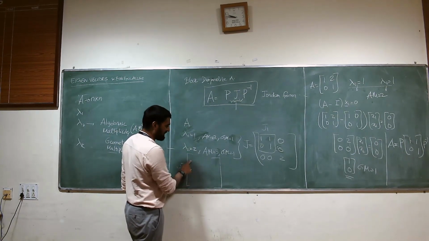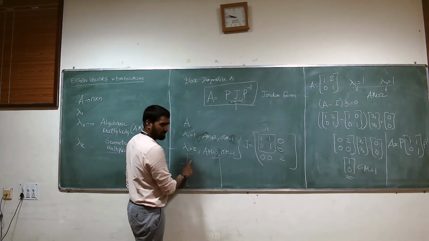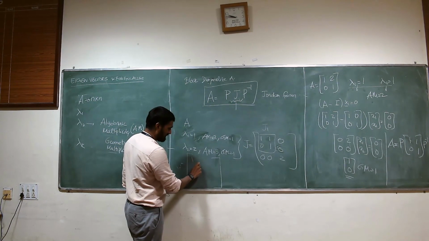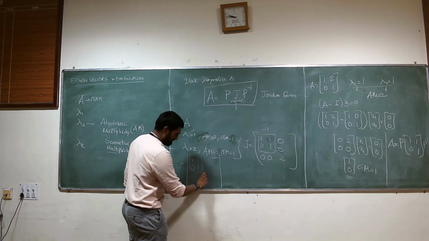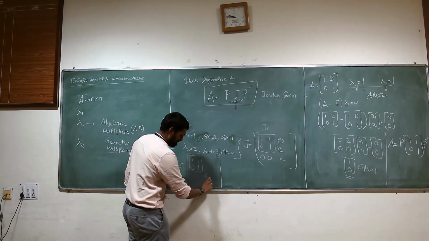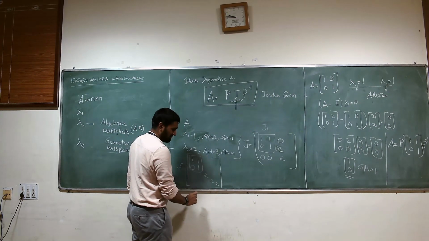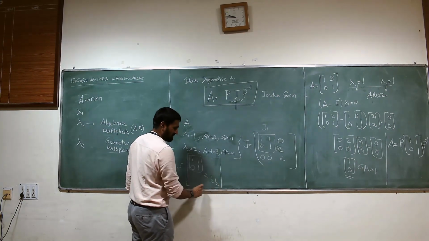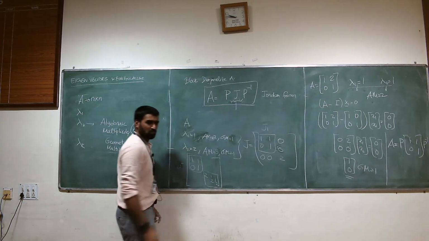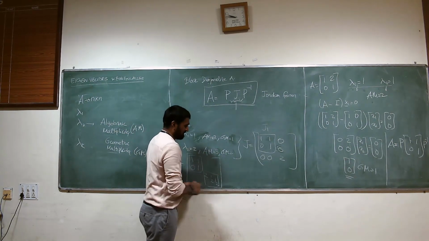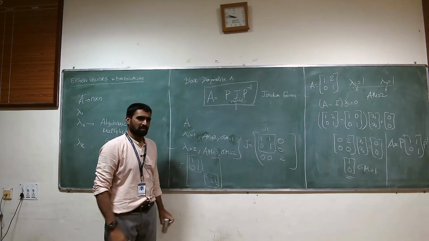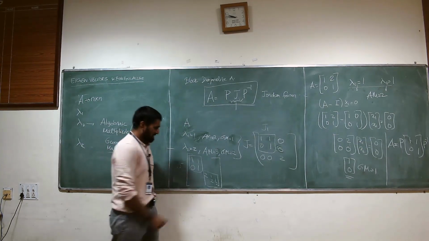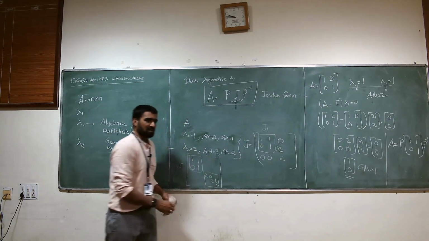What will be J1? 1, 1, 1, 0. That's J1. This will be your J2. What about this? The geometric multiplicity was 2. Well, this would disappear. That's all.